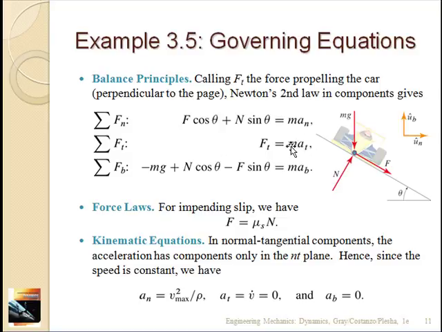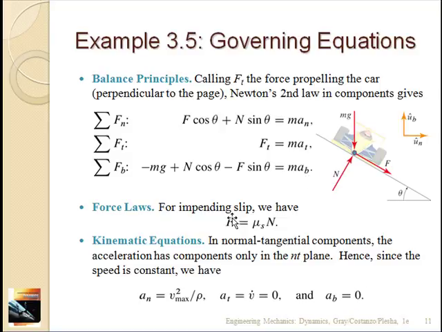In the N direction, that is radially inward, there's a frictional component, a normal component, and that gives you the acceleration in the N direction. And vertically, there's gravity, a normal component, and a frictional component, and that gives us the vertical acceleration. Now, we'll assume we're not moving vertically, so we'll assume that a_B is 0.